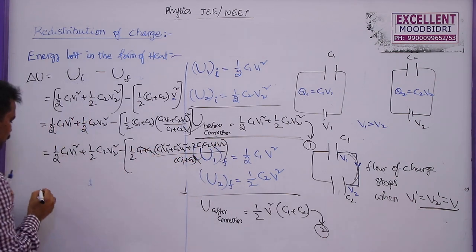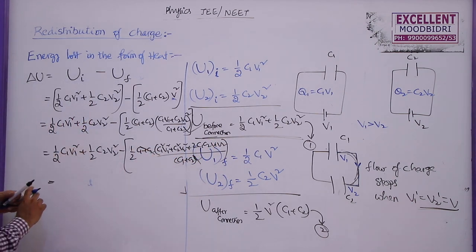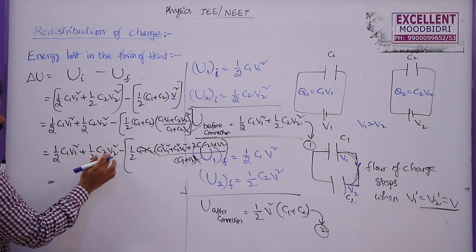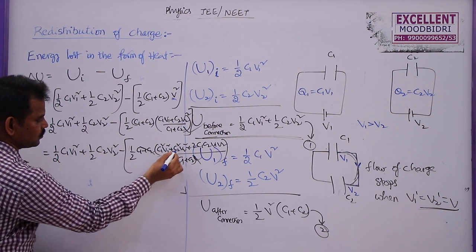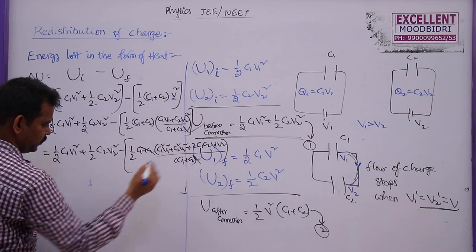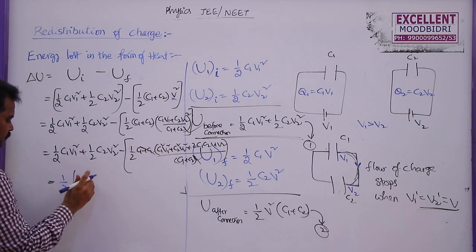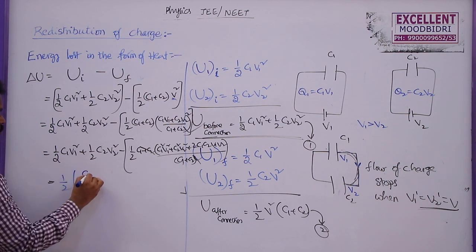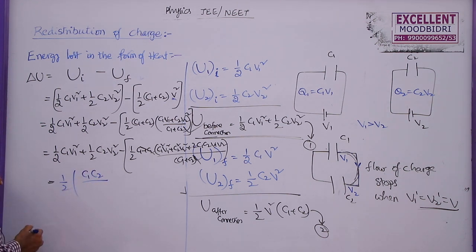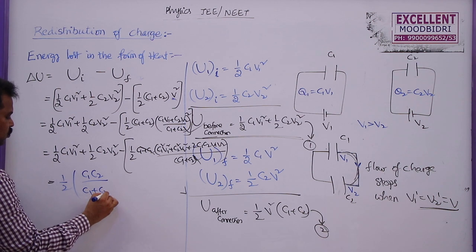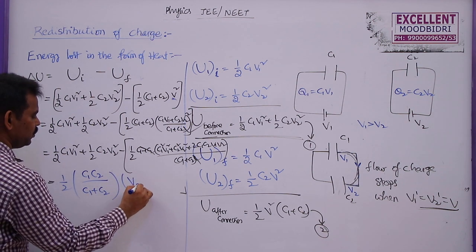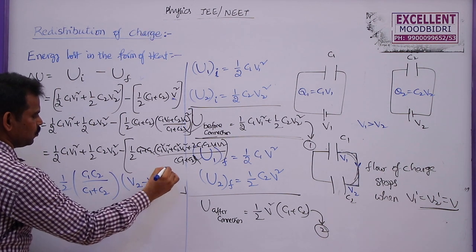This and this get cancelled. By simplification, if you simplify this, you will get half into the product of the two capacitors by the sum of the two capacitors into V2 minus V1 whole square.